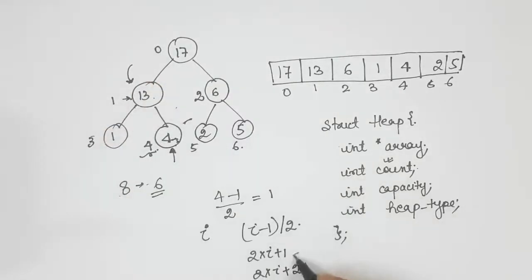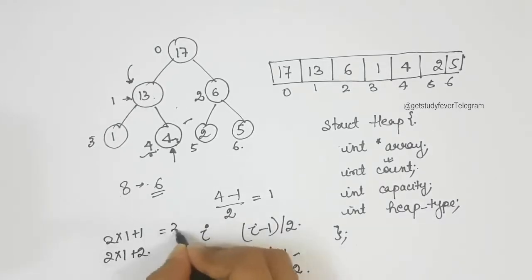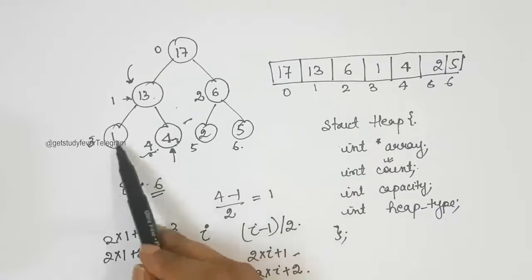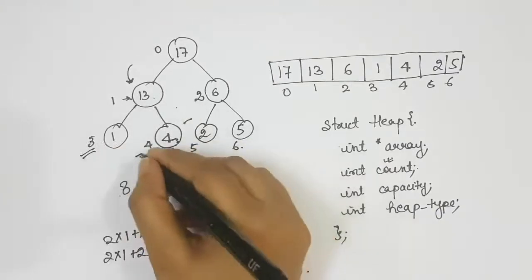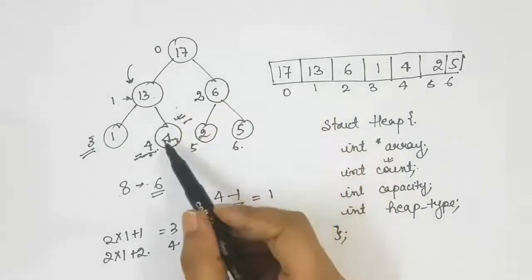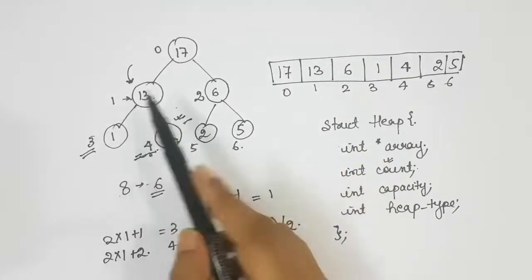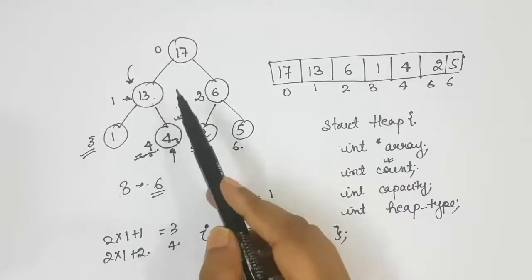If I do 2 into 1 plus 1 and 2 into 1 plus 2, this gives me 3 and 4. We can see that the children of this node are located at indexes 3 and 4. So these are auxiliary operations. Given a child element, you can easily find its parent, and given a parent, you can easily find its children.